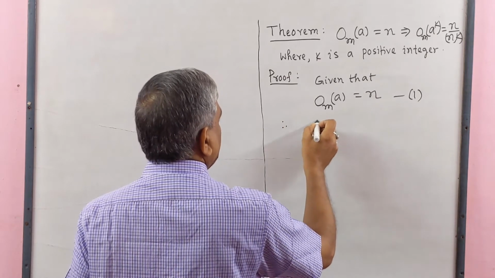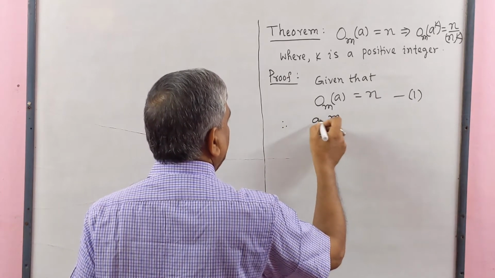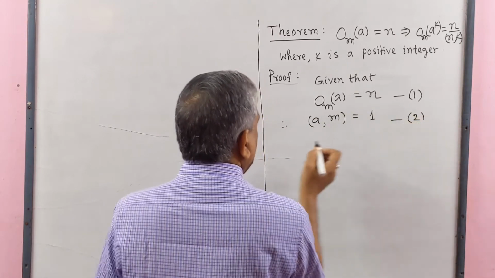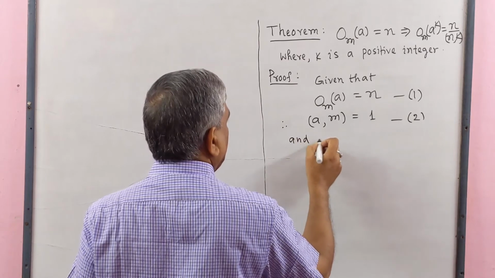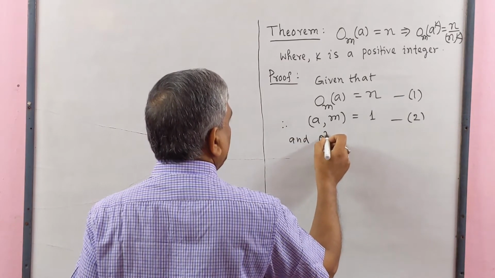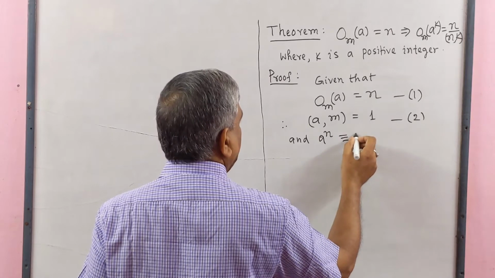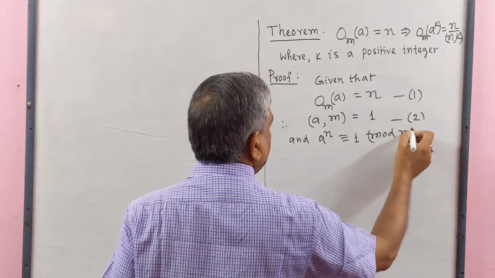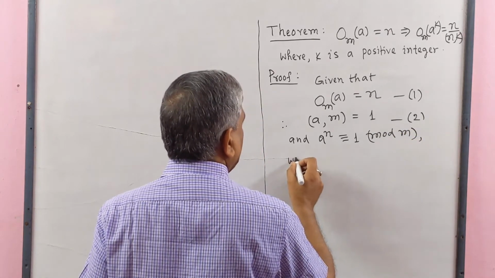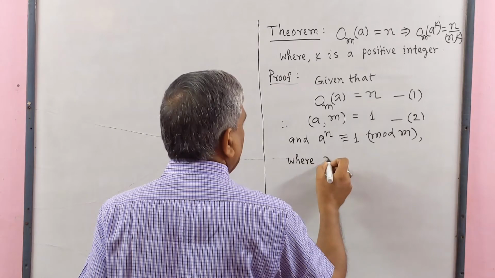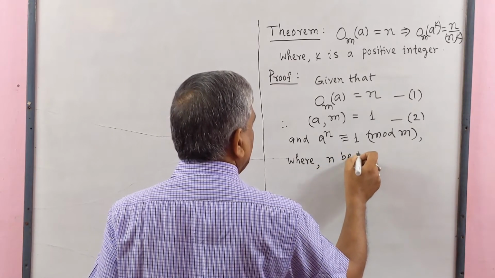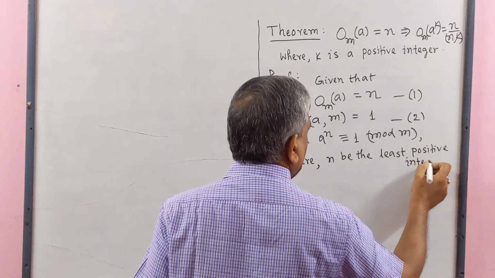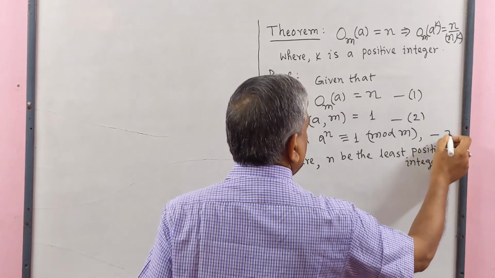Therefore, GCD of a and m equal to 1, this is number 2, and a to the power n is congruent to 1 modulo m, where n be the least positive integer. Let this is number 3.